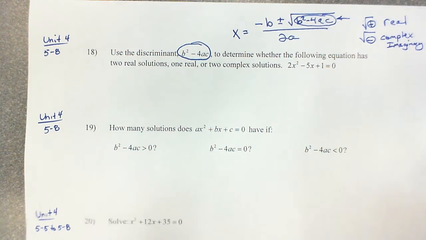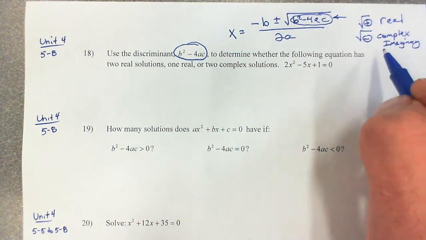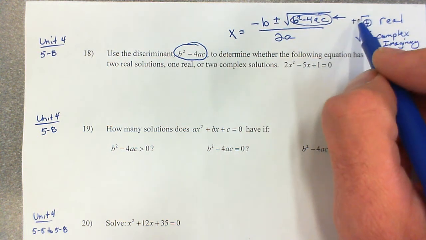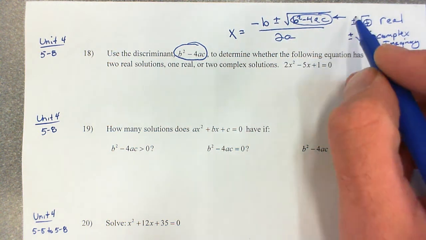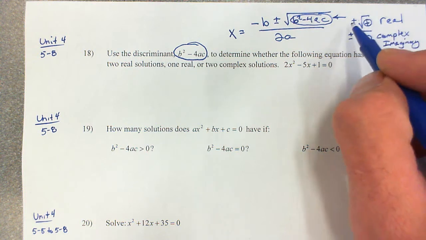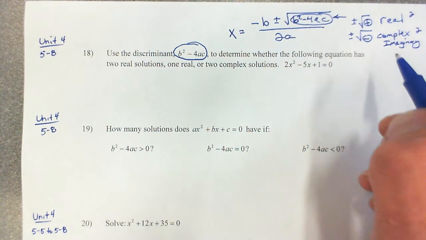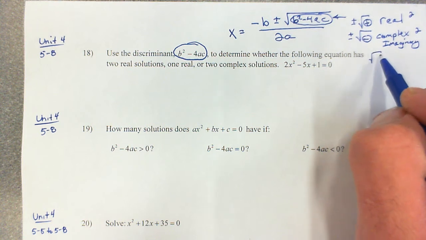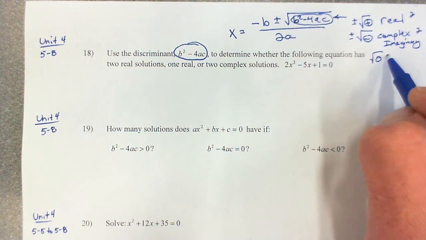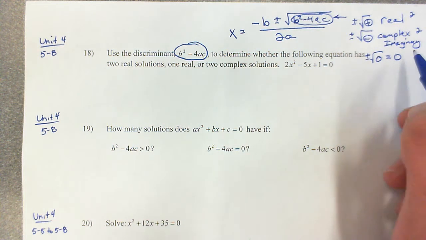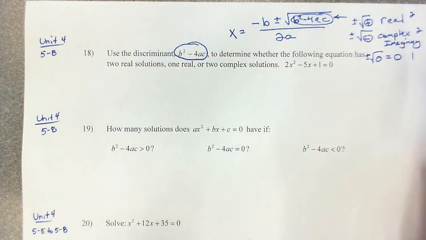Okay. And then because there's a plus or minus here, you're going to have two answers for this or two answers for that. Or if it's the square root of 0, we know the square root of 0 equals 0, and plus or minus 0 just gets you one solution.